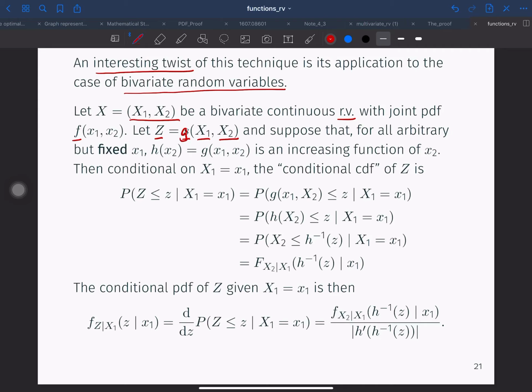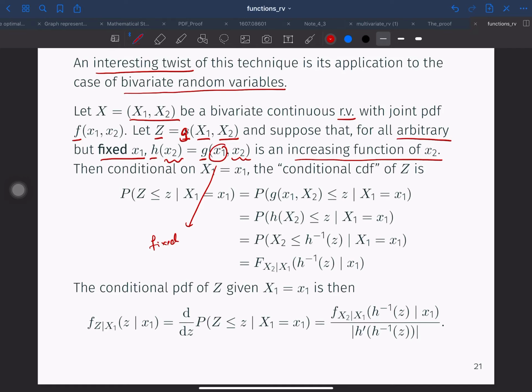The key point I want to make here is that for an arbitrary but fixed value of little x1, the function h, which is really the function g but with x1 fixed and so just a function of x2, we require to be either increasing or decreasing in x2.